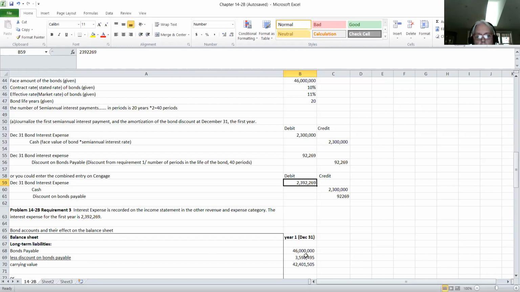So bonds payable is in at 46 million, and that's what would show up on our balance sheet.